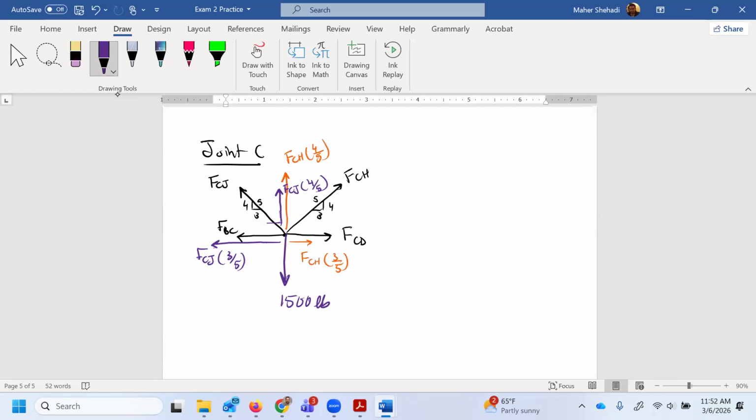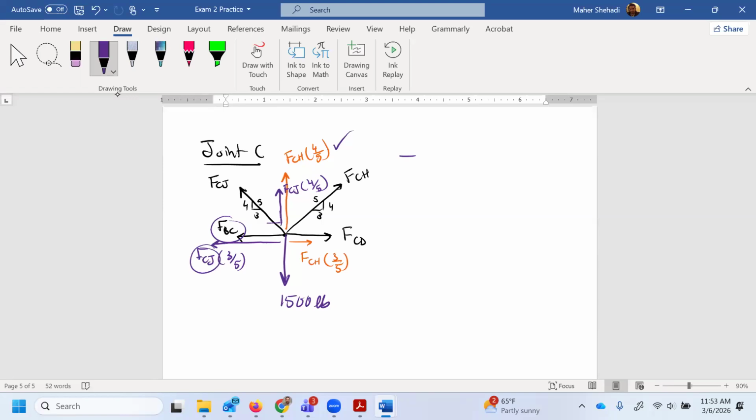Now I need to find CJ. Excuse me. I already solved for CH. And I have the 1500. So I can only consider, you don't need to look for the Y because we have FBC and CJ there.